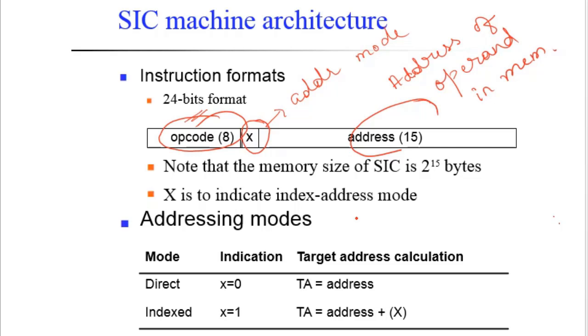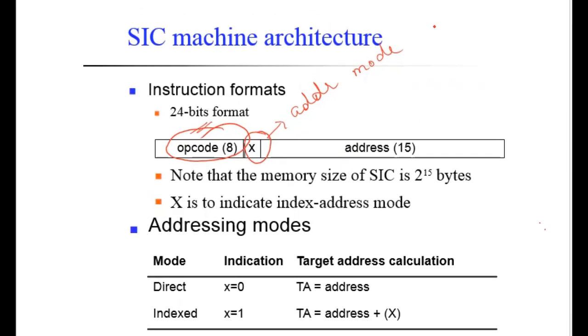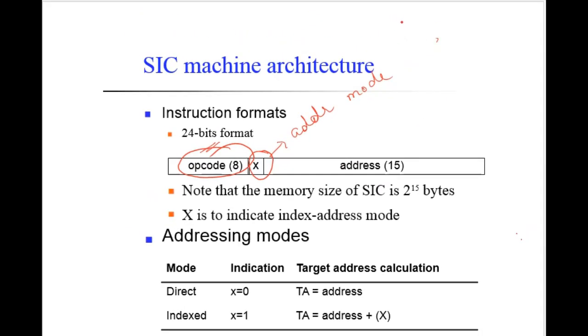What do we mean by this? How do we understand whether these 15 bits are sufficient to address all the memory available in SIC? Let me give an example. Let's consider that I have 2 bits to specify the address, instead of 15 bits.